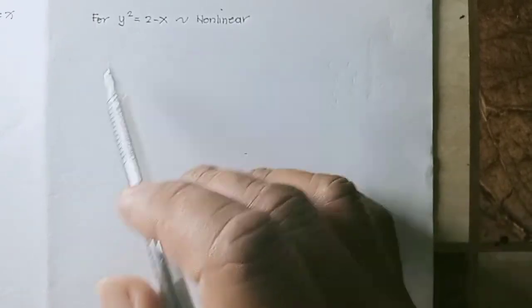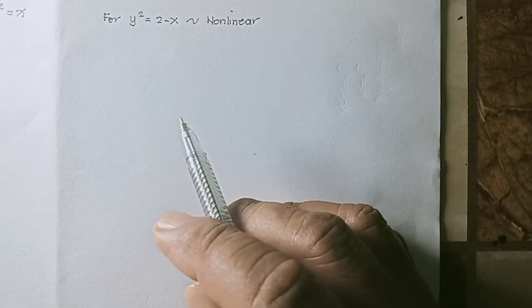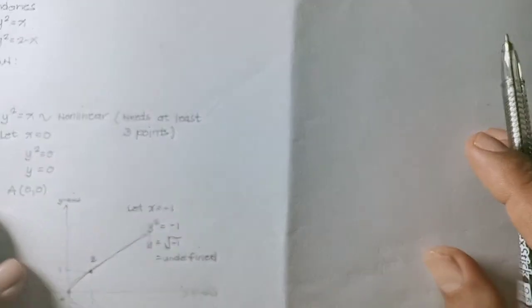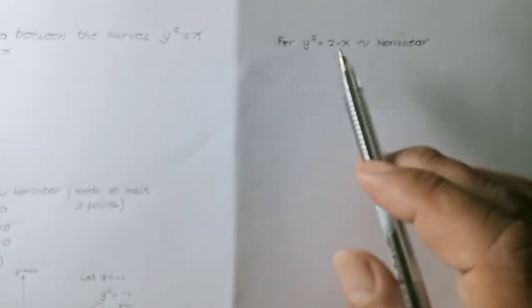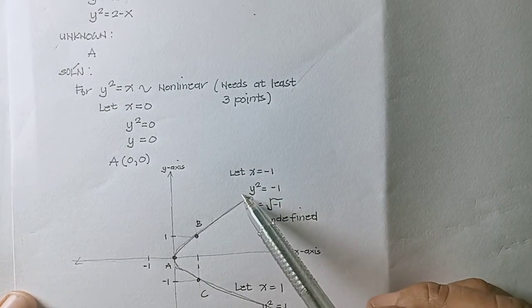And also we need at least 3 points. Now the good thing here is that we could also use the intercept method, but in this case, since we only have 2 boundaries, it is more appropriate to use the intersection method.